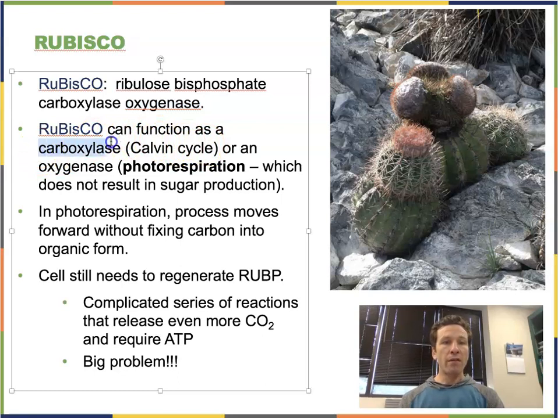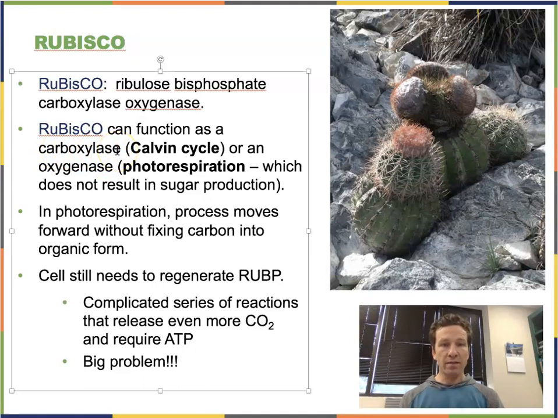First, if it incorporates carbon dioxide, that is just the normal Calvin cycle. That's what the plant wants the Rubisco there to do. But oxygen also fits into the active site of Rubisco. In other words, oxygen is a competitive inhibitor of the carboxylase function of this enzyme.